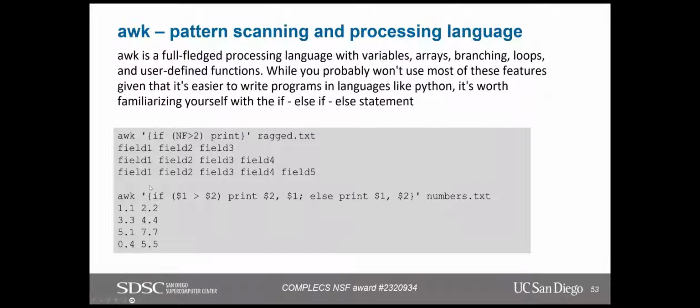Another example is if you have a bunch of numbers and you want to list them in ascending order, you can use an if statement to do that. So if the first column is greater than the second column, then we want to flip them around and print them in the opposite order. If, however, they're already in ascending order, we want to print them in exactly the order that they already come in.